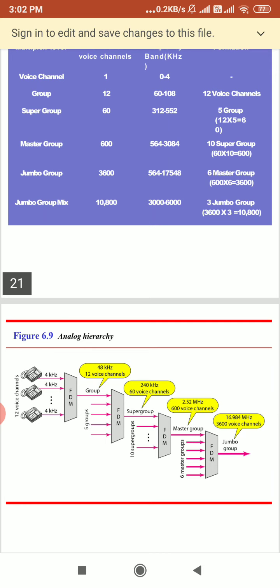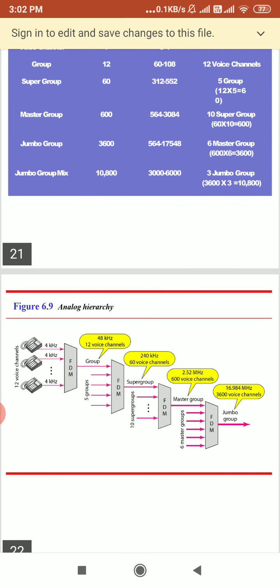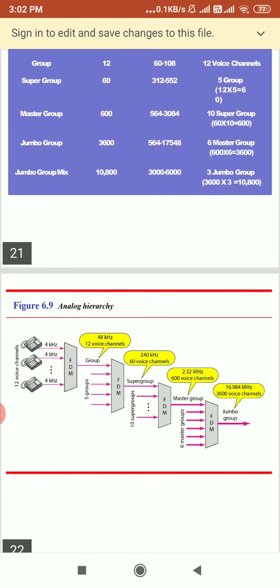Low speed multiplexers are those which can be used with digital computer systems to merge digital signals from several sources, and the output rate of these multiplexers is low speed. These are standardized output rates from 1.2, 2.4 up to 19.2 kilobytes per second.